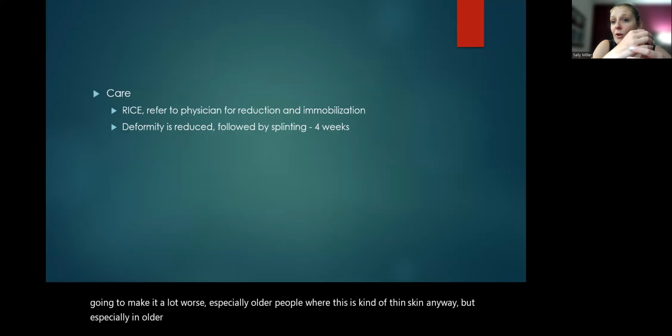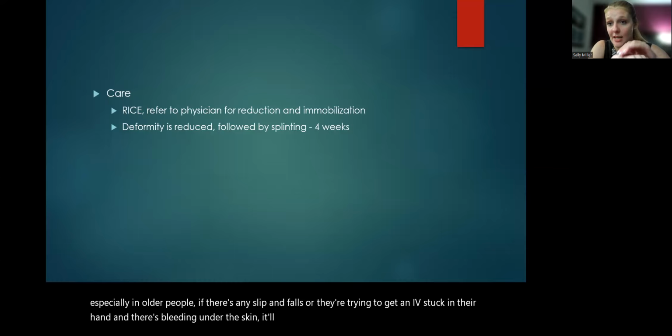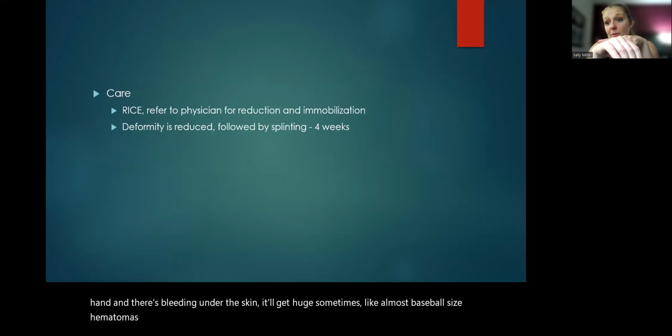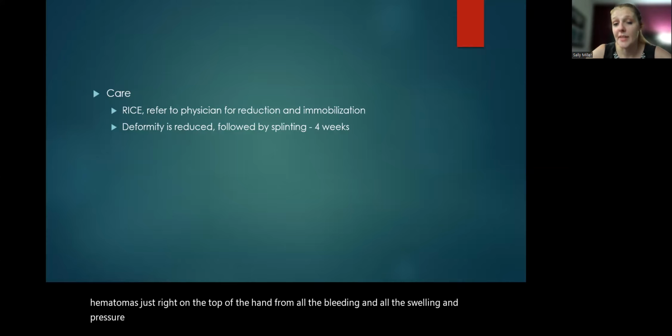If there's any slip and falls or they're trying to get an IV stuck in their hand and there's bleeding under the skin, it'll get huge sometimes, like almost baseball size hematomas right on the top of the hand from all the bleeding and all the swelling and pressure that's accumulated within that space.